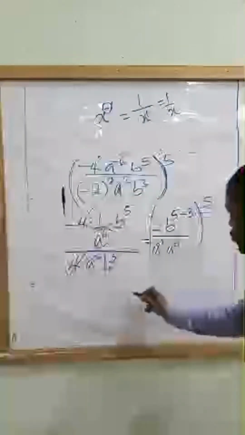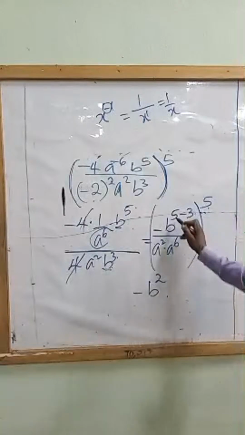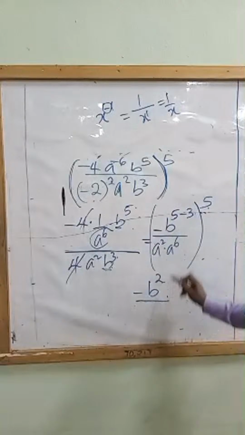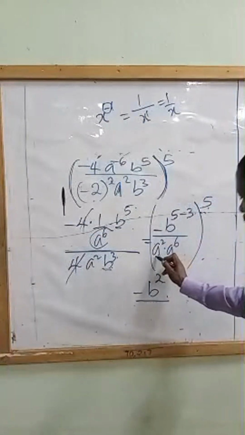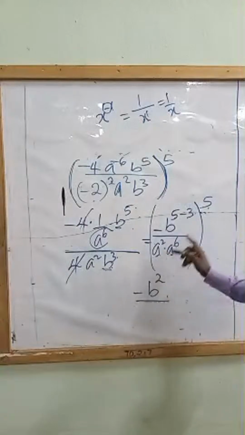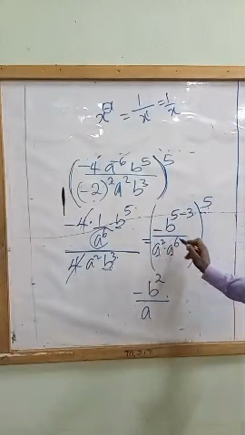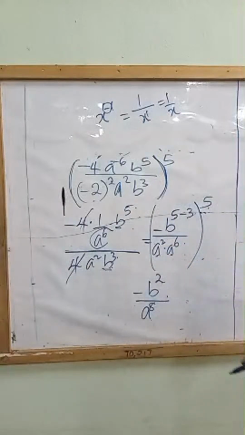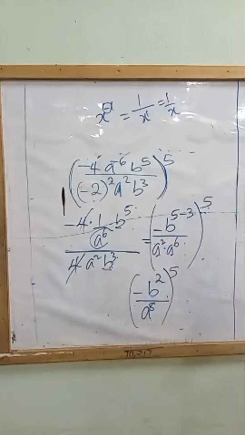So this will be equal to minus b to the power 2, 5 minus 3, that's the 2, all over this one and this one. Use your indices, they have the same base, and you are multiplying. So you take one of the bases and you add the powers together. That will be 8. Okay, and don't forget the exponent to the power 5.